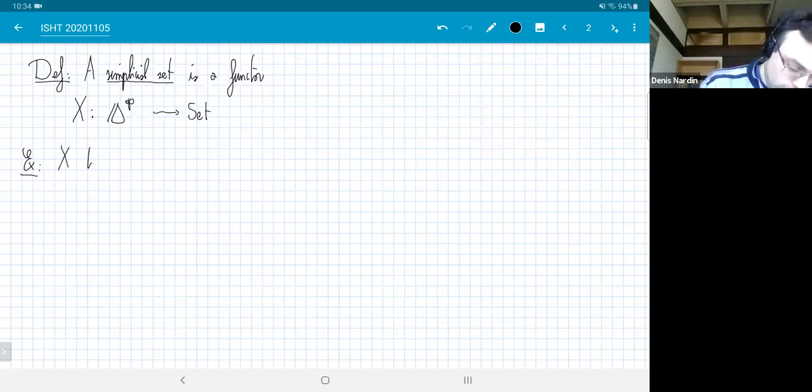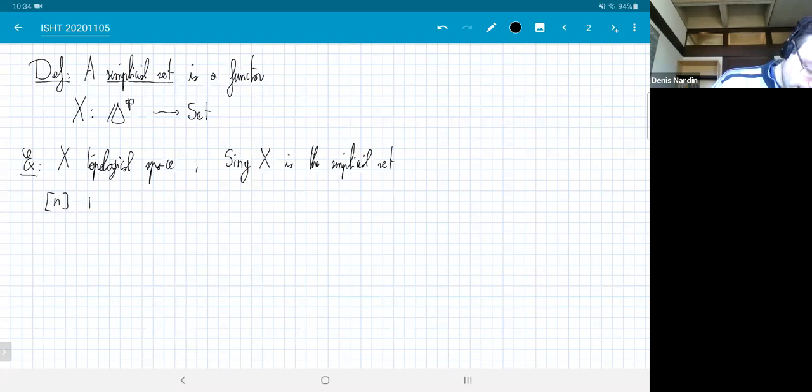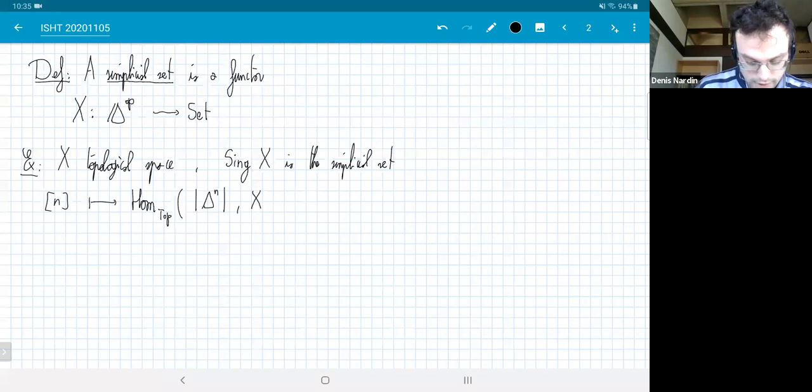So if X is a topological space, Sing X is the simplicial set that sends [n] to Hom in Top, so the set of continuous maps from the topological n-simplex to X. And that's actually the example that I want you to keep in mind for a simplicial set.